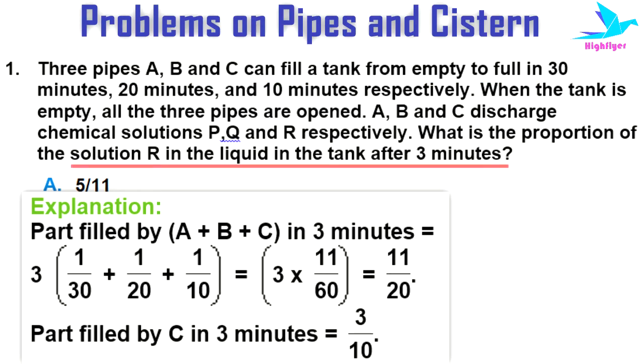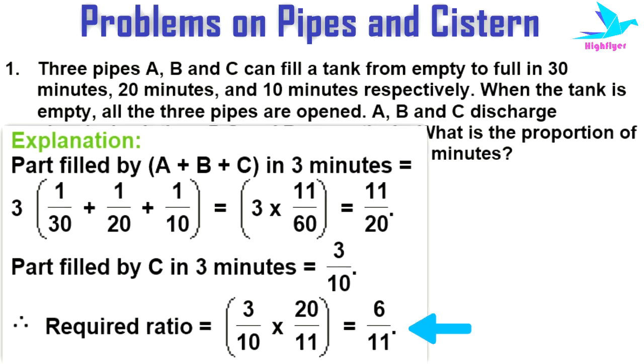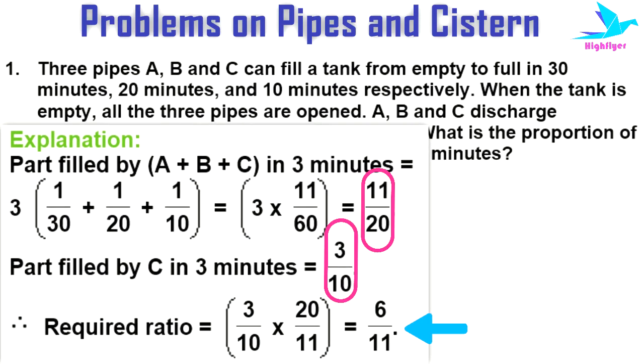Now to find out the proportion of solution R, we have to find out the part filled by C in 3 minutes. As C can fill the tank in 10 minutes, the part filled in 3 minutes equals 3 by 10. So the ratio of R will be the part filled by only R by the part filled by the entire solution. That is equal to 3 by 10 divided by 11 by 20, that is equal to 3 by 10 into 20 by 11 equals 6 by 11.